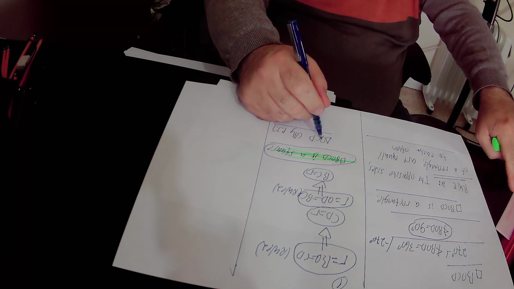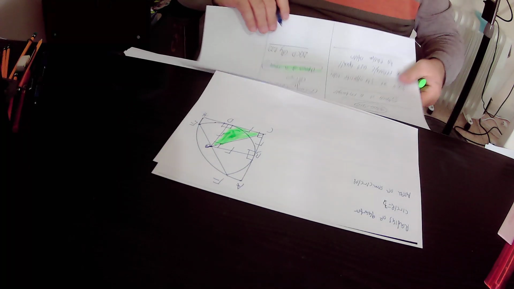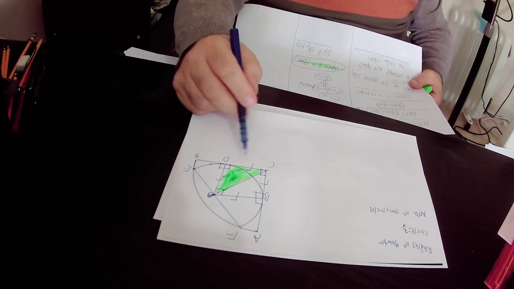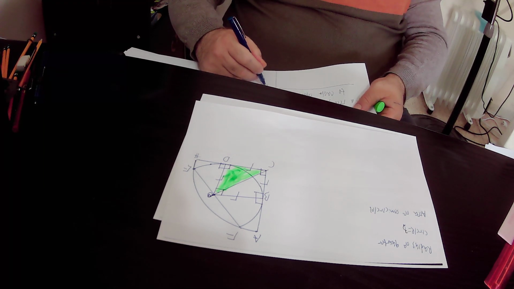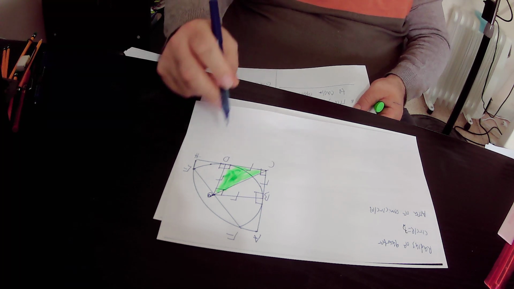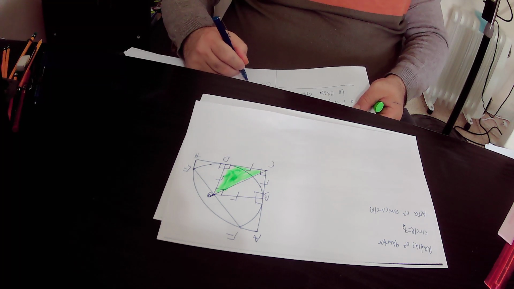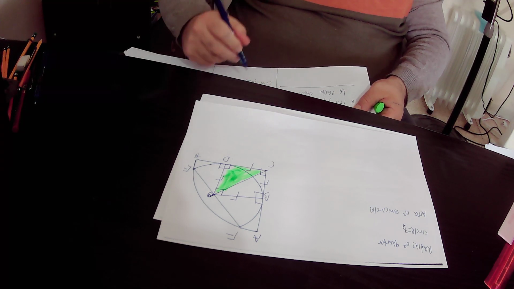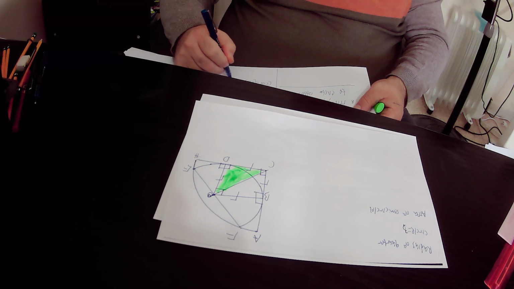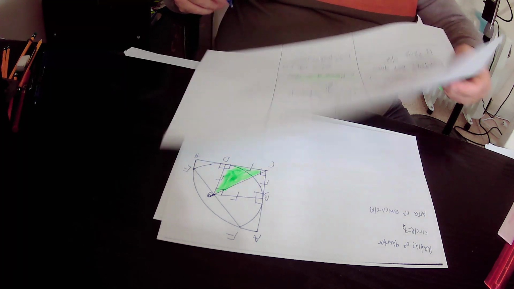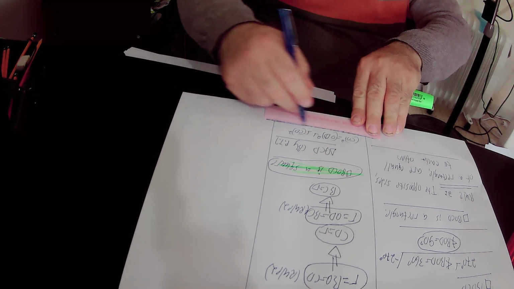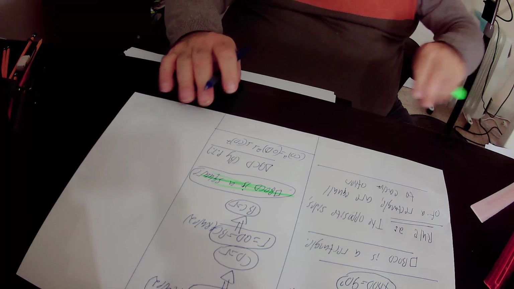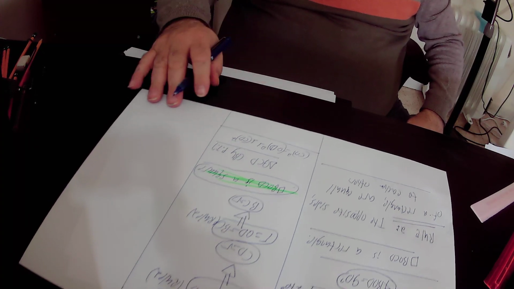So we get here that the square of the hypotenuse is CO square, CO square equals OD square plus CD square. I will repeat again, according to the Pythagoras theorem, CO square equals OD square plus CD square.